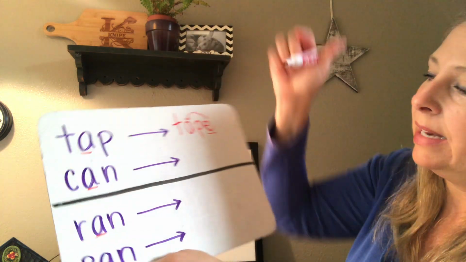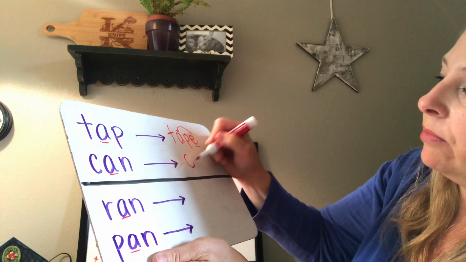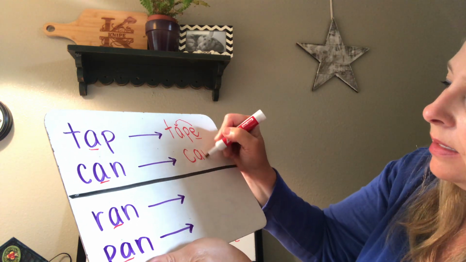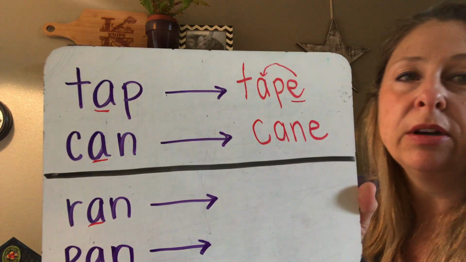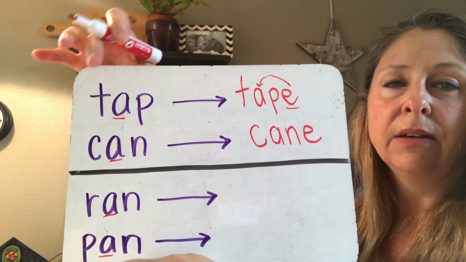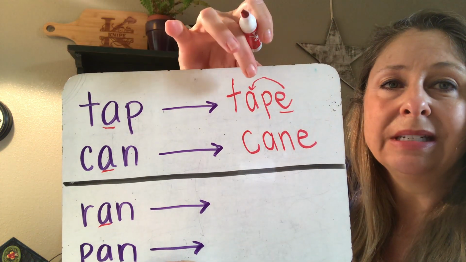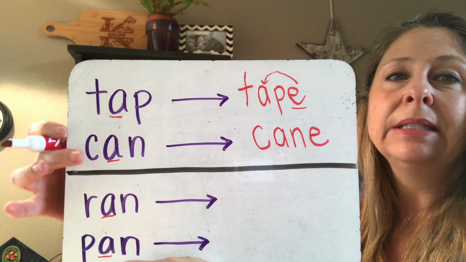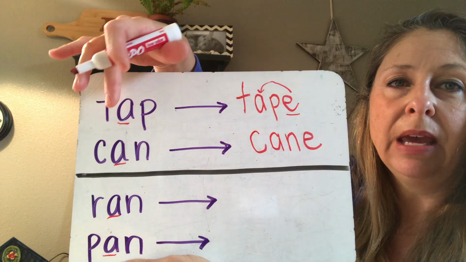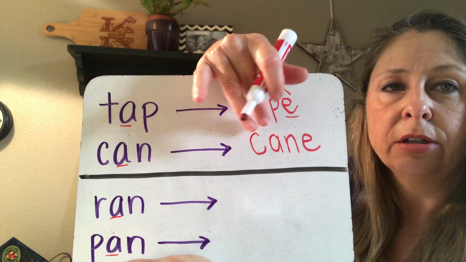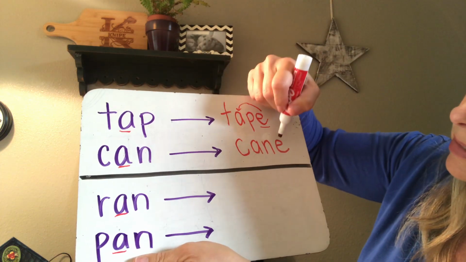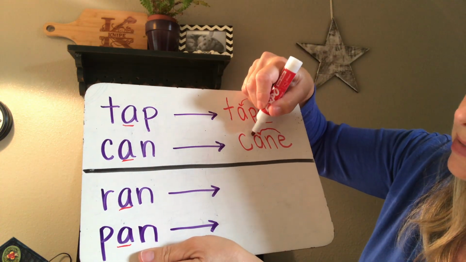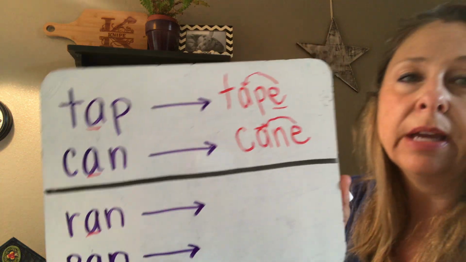All right, so what's going to happen if I write can with an E on the end? Okay, I want you to think about that. If tap goes to tape, what is can going to go to? From can to cane. So this silent E is making this A say the long A sound.